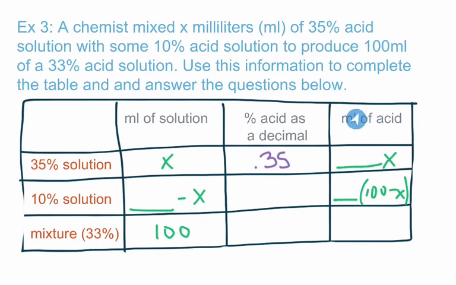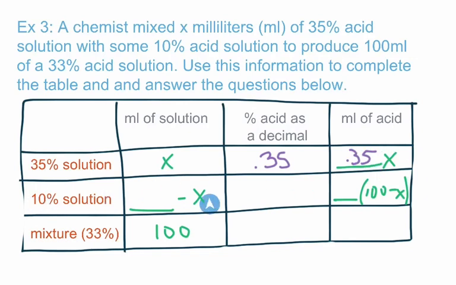Now over here on the right, to find the milliliters of acid, we just multiply these two things together. We're already given the X here, so we show that we're multiplying 0.35 by X by filling in 0.35 X here. So we took these two things and multiplied them together to get this.